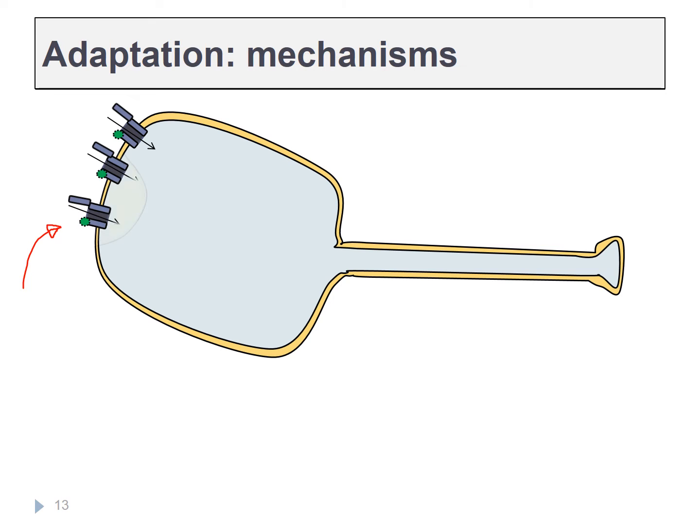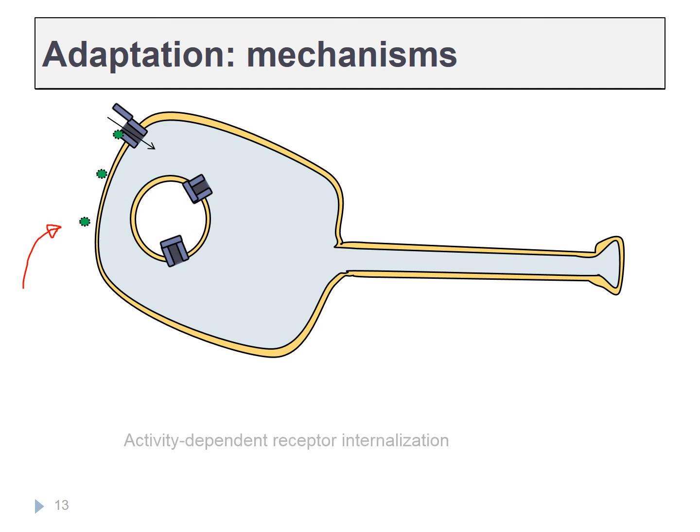One way that neurons can do this is by moving some of those receptors into a vesicle and pulling that vesicle into the cell, so that even though the signal is still there on the extracellular surface, most of the receptors have been internalized. We can call this activity-dependent receptor internalization.